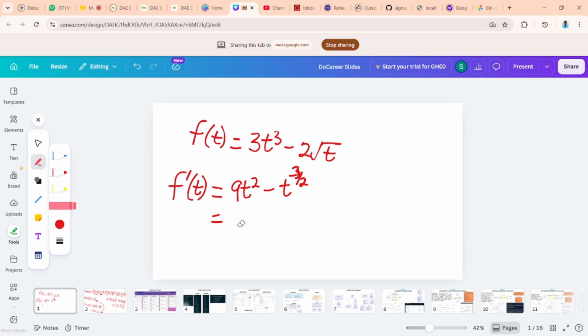Because this would be 4, this would go here. Yeah, minus 3 over 2.